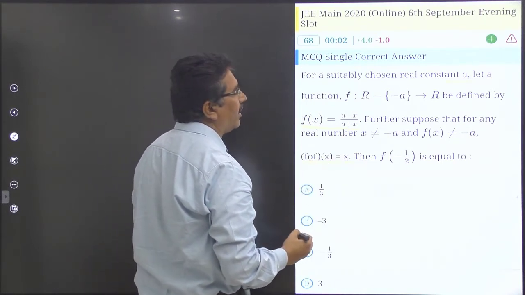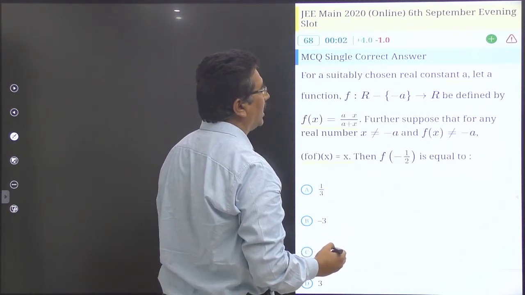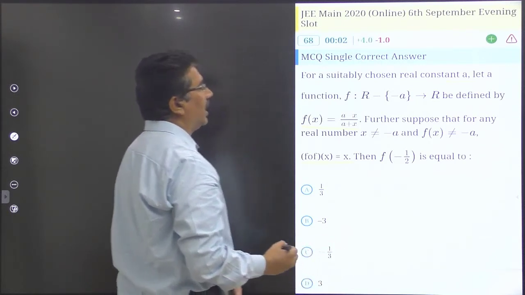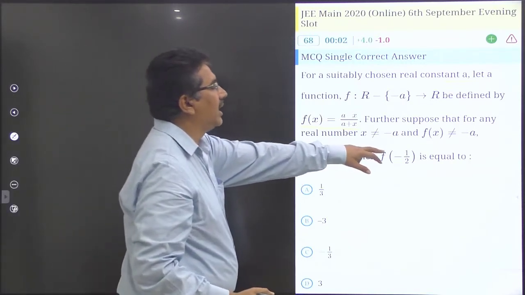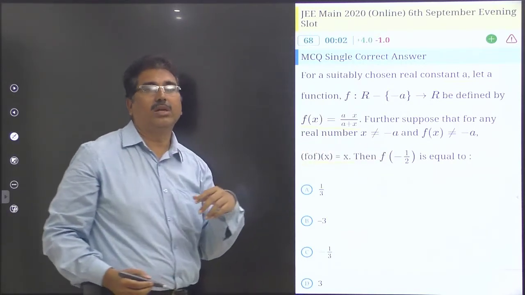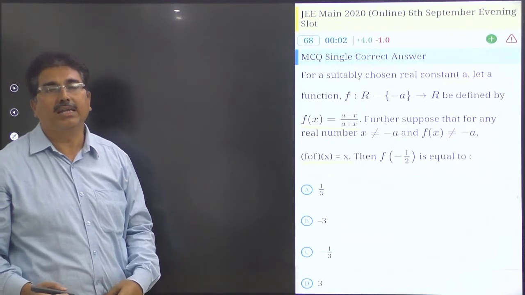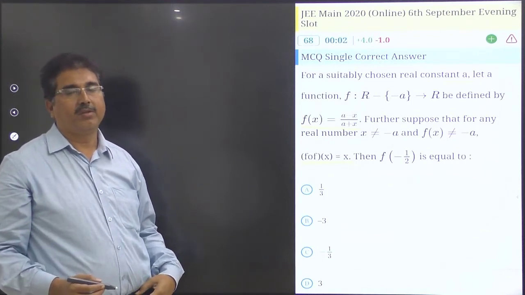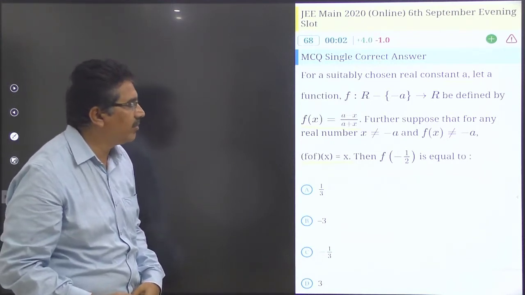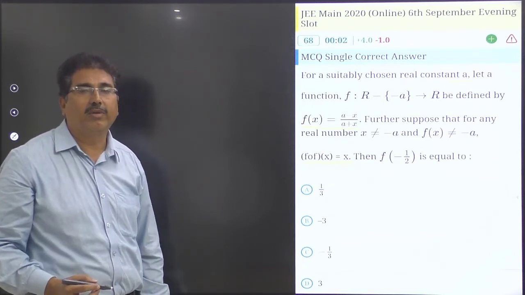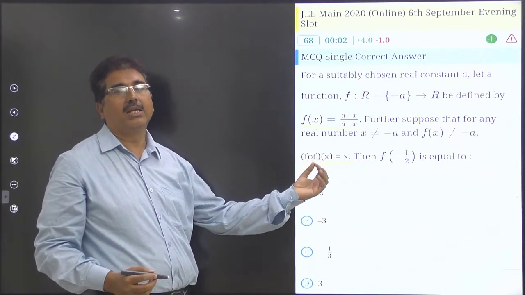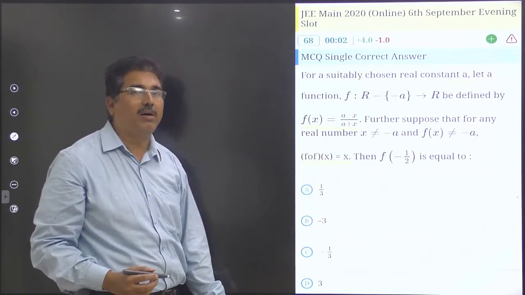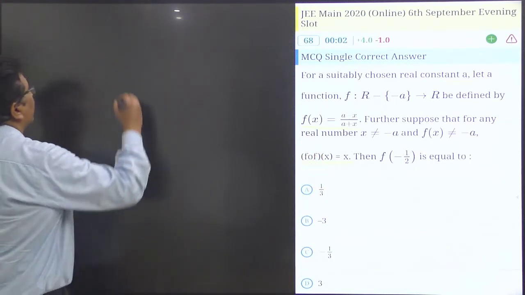For finding f(-1/2), first we find the value of a by using this condition, f(f(x)) = x.